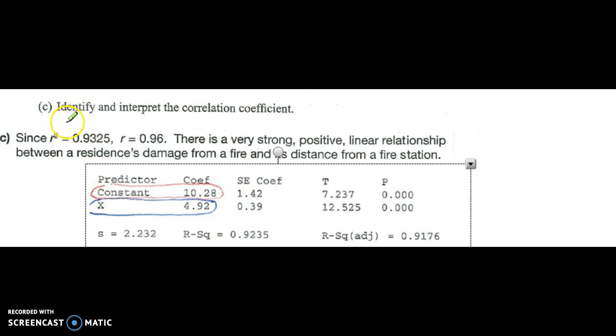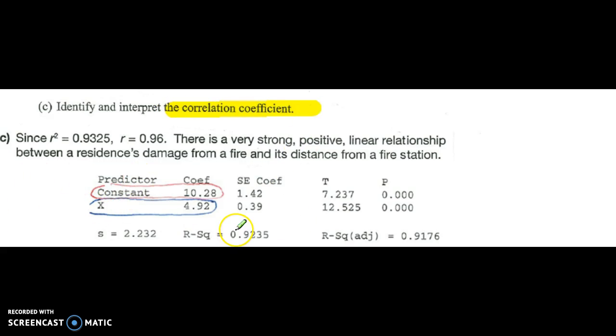In question C, I need to interpret the correlation coefficient. When I look at my computer printout, I don't have the correlation coefficient on here. Okay, here's R squared. R squared is my coefficient of determination.